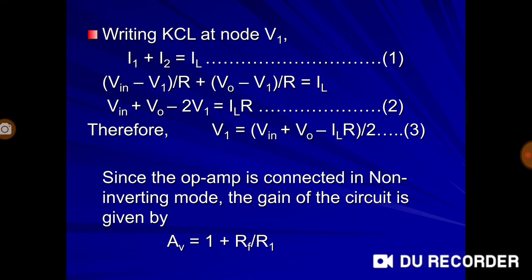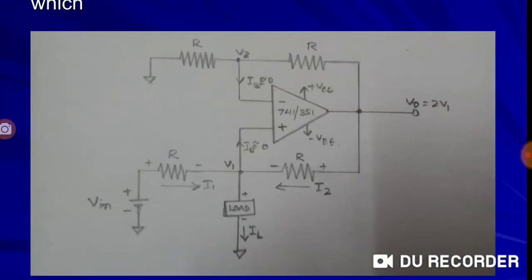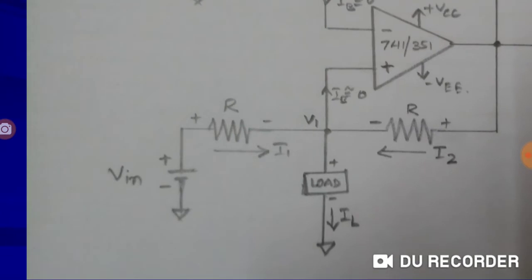Next, I1 is equal to Vin minus V1 by R, and I2 is V0 minus V1 by R, as per the circuit.